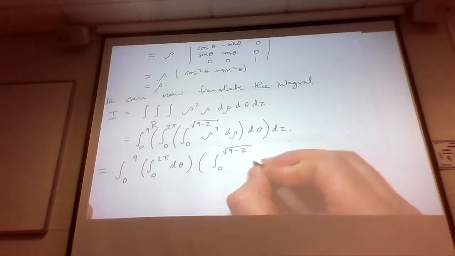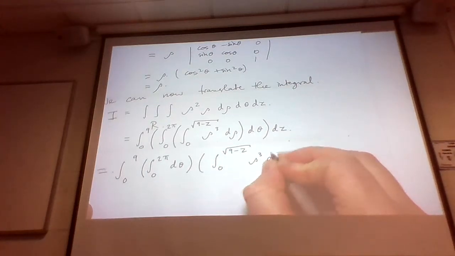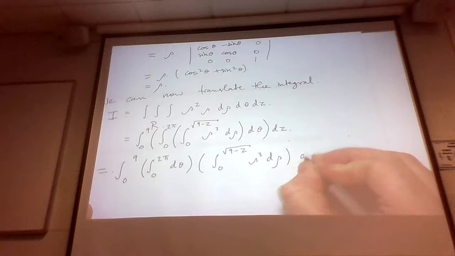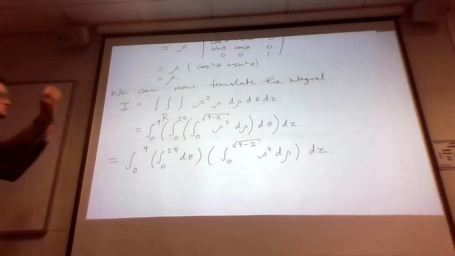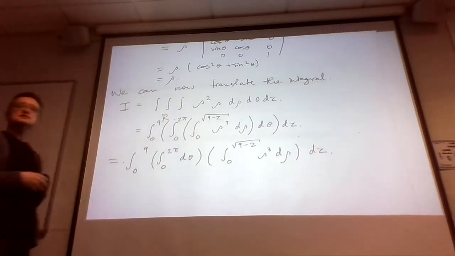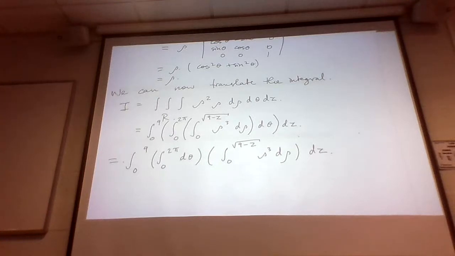It's not really going to change much about what we actually do, but it just helps conceptually to simplify things a little bit. So it's now no longer three integrals each inside the next. It's now just two integrals inside an outer z integral. So we simplified the structure a little bit.